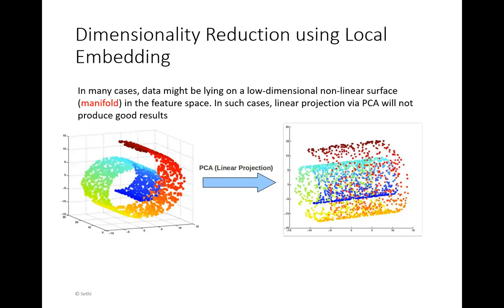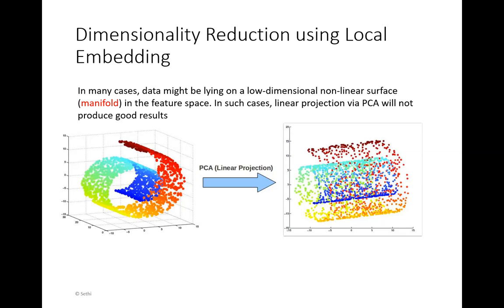But the important point here is that if you look at a point on the left-hand side in the original data space, although the data is in 3 dimensions, every point has a local neighborhood which is in 2 dimensions.